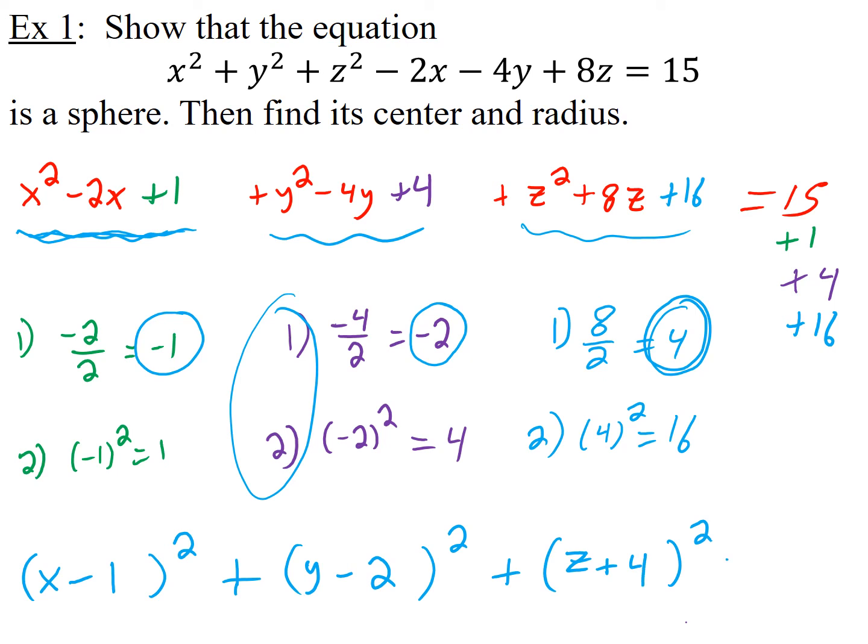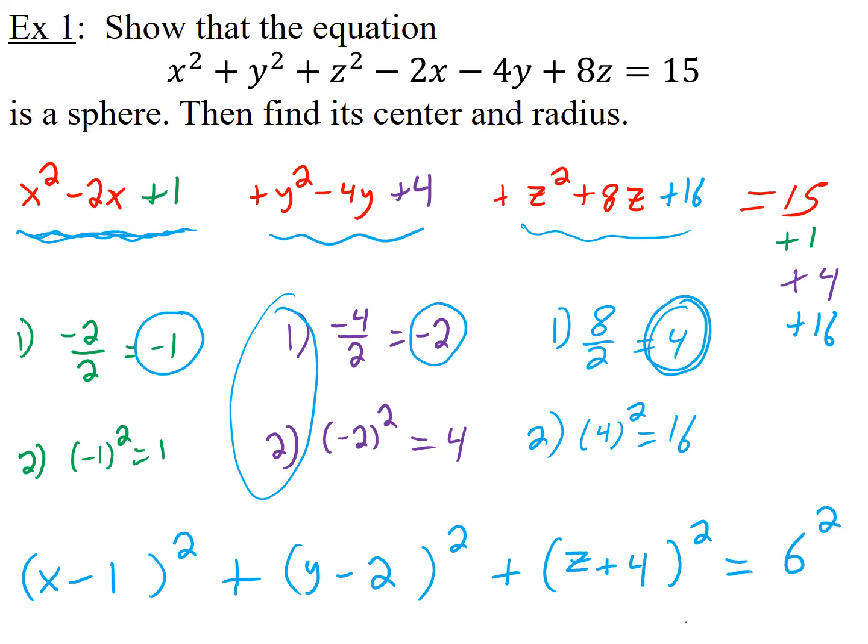And on the right, you just go ahead and add these numbers. If you add them, you get 36. Okay, so that's 36. But you're supposed to write it as something squared. So 36 is what number squared? So the answer is it's 6 squared. You could write 36, but if you write it as 6 squared, then you can see the radius.